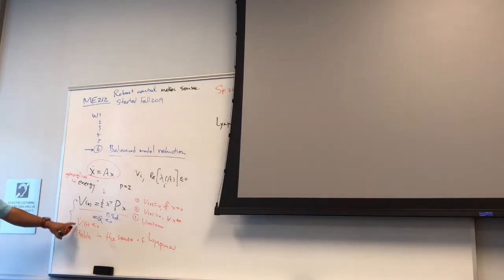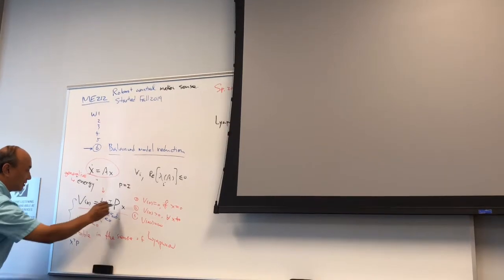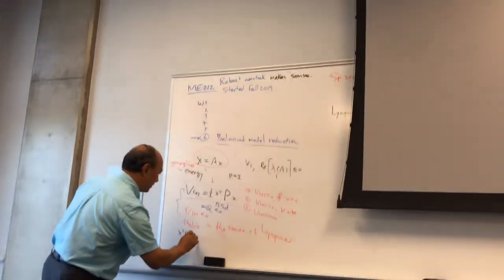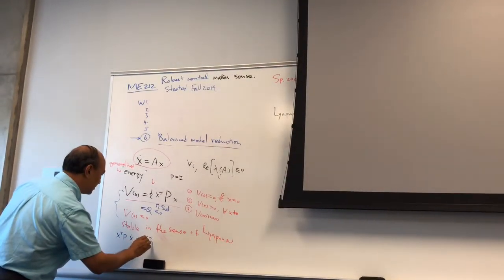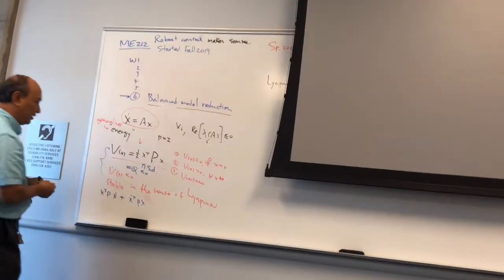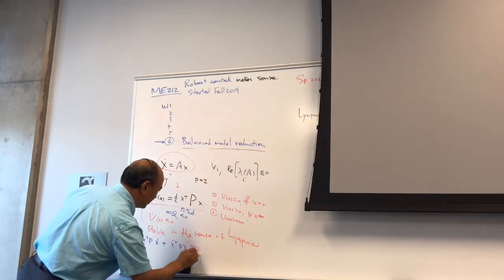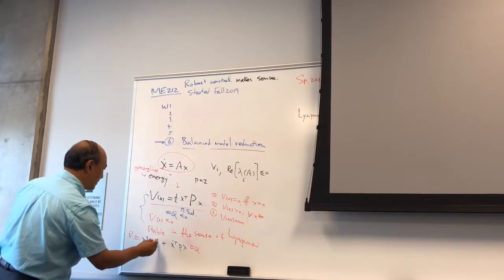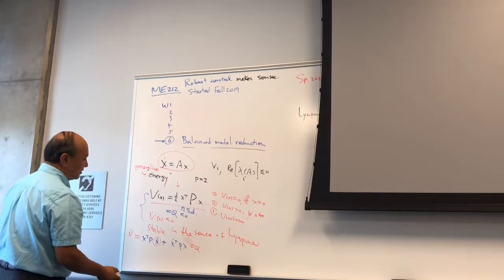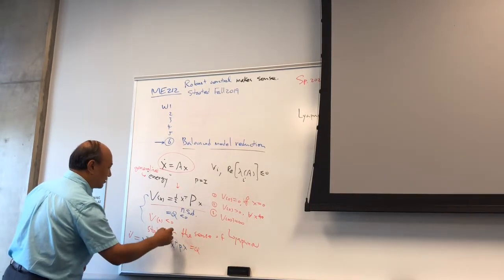So based on that, if we compute V dot, we're going to have x transpose P times x dot, plus x dot transpose P x. Okay, so this is V dot. Then you want this to be Q, and you replace x dot with Ax. And you put this one as x transpose A transpose.